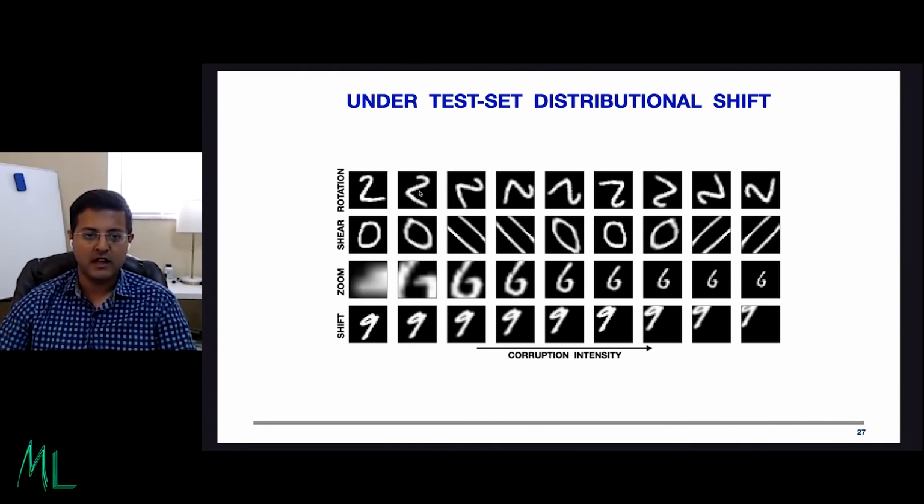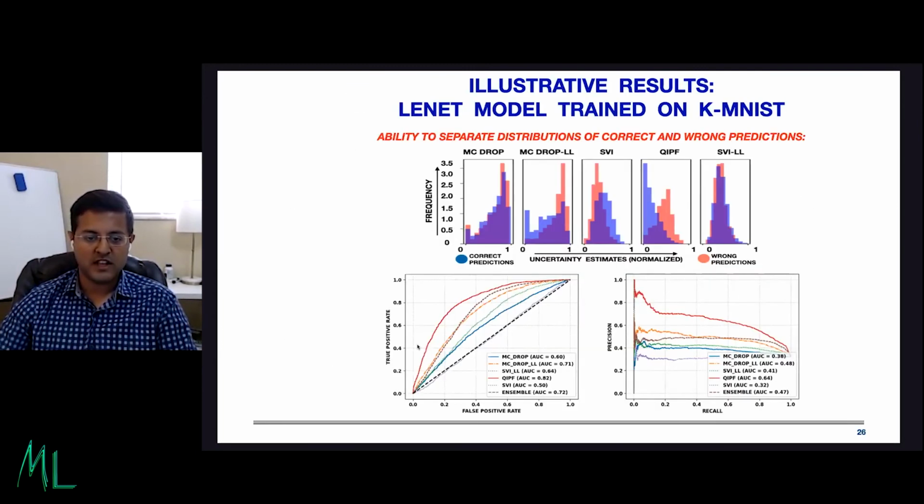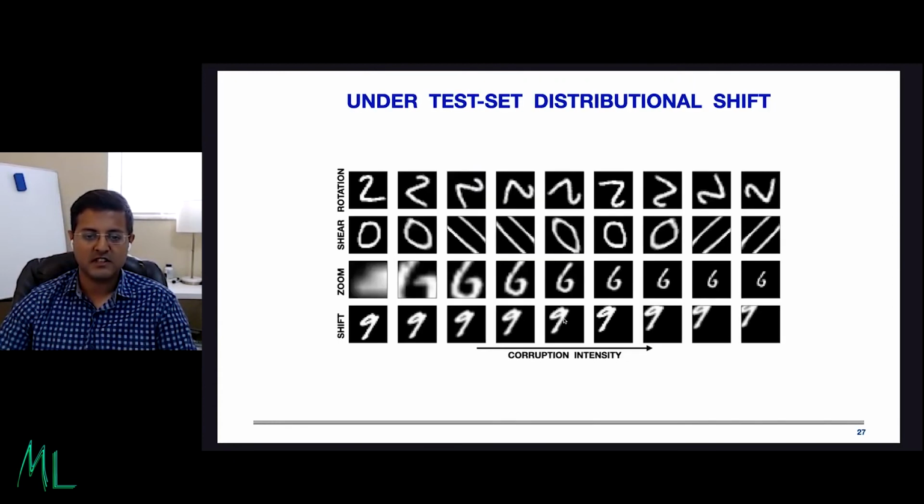For example, in the case of rotation, at each intensity level the digit undergoes a different intensity of rotation, and different intensity of shear or zoom or shift. And what we do is basically compute the ROC AUC at each of these intensity values.